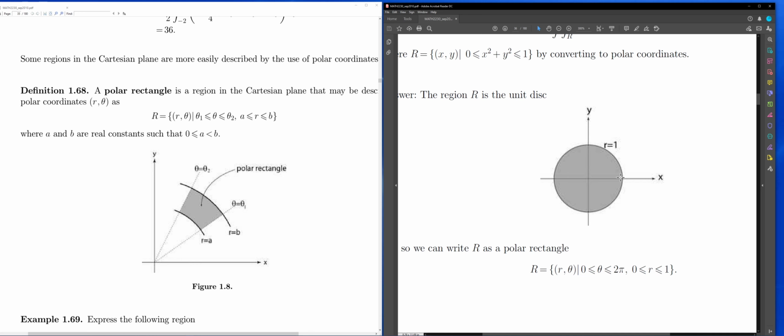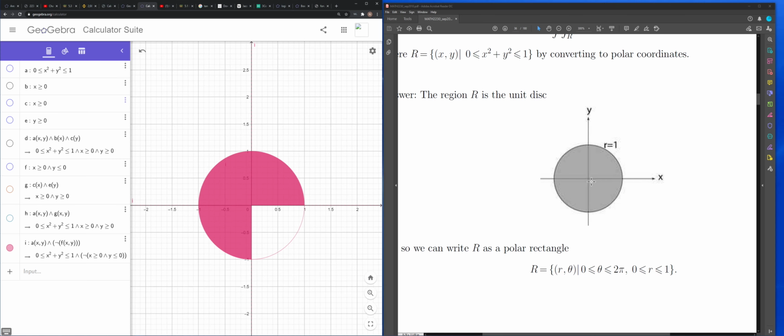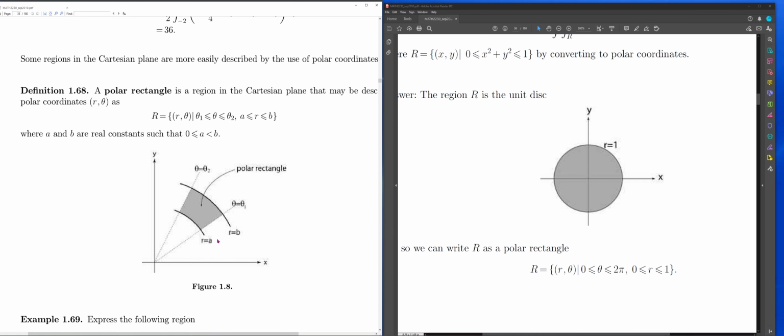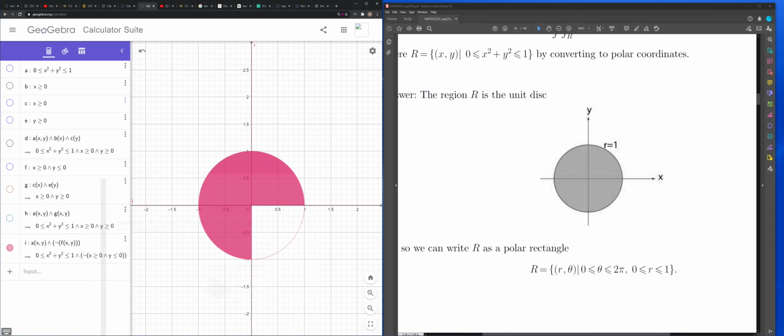What about the next line? Let's see if we can get an idea what your next line is going to be. I started here with theta equal to 0, but what's going to be my second line? Let's look at this example.